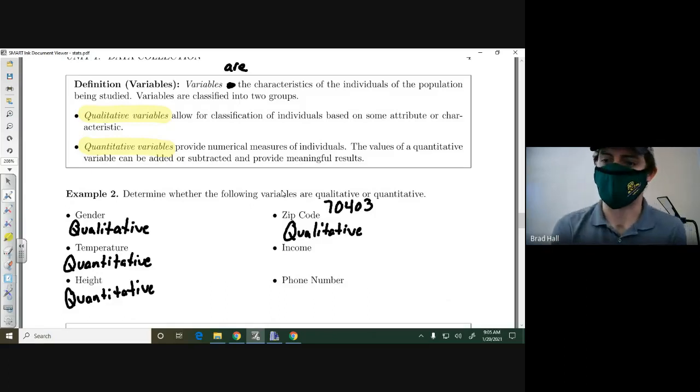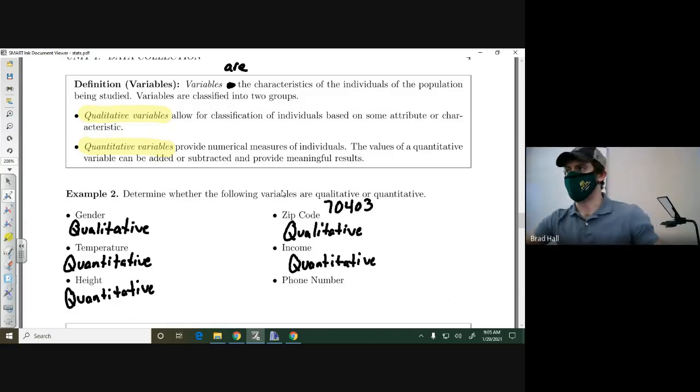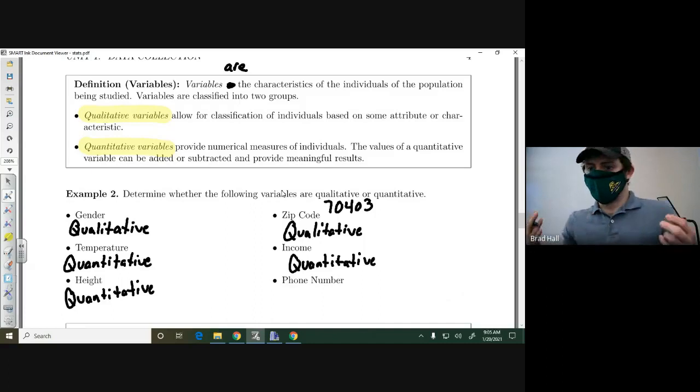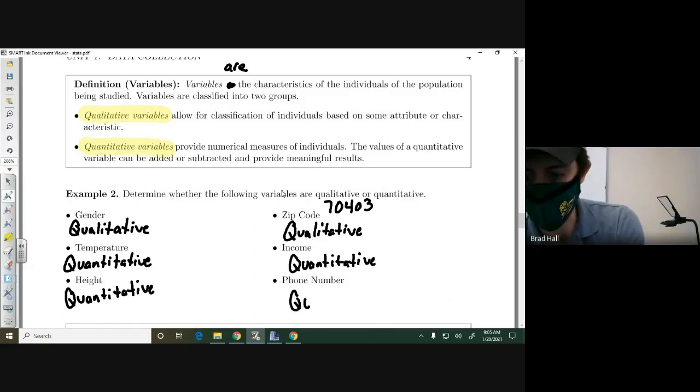What about your income? Quantitative. They make 2,000 more than I do, I make 5,000 more than they do, something like that. That's quantitative. And then phone number. That will be qualitative again.